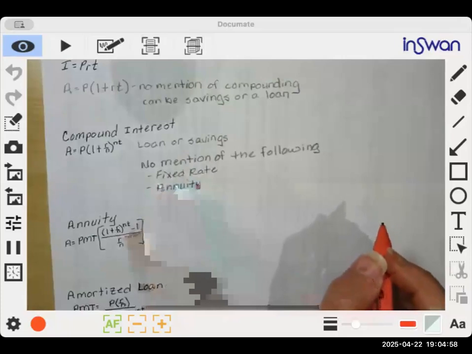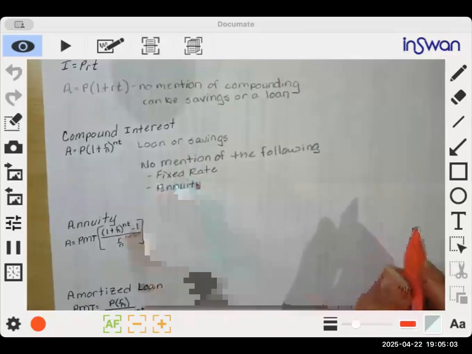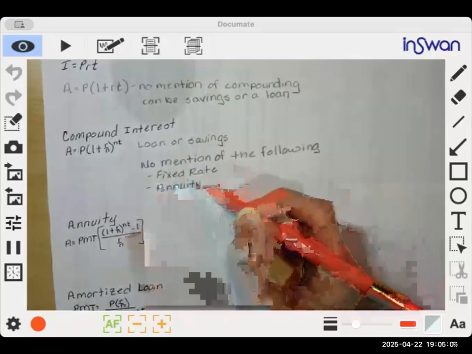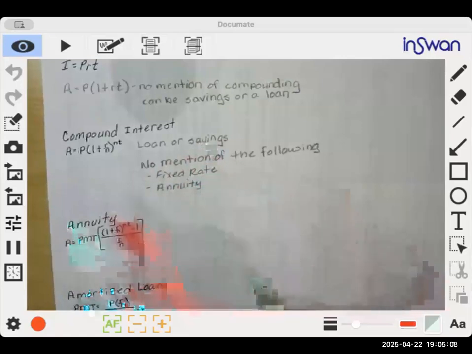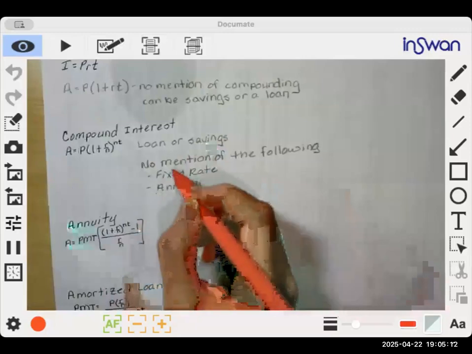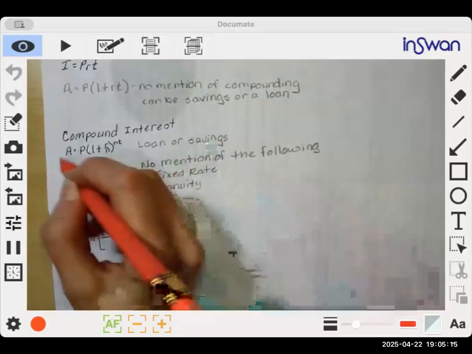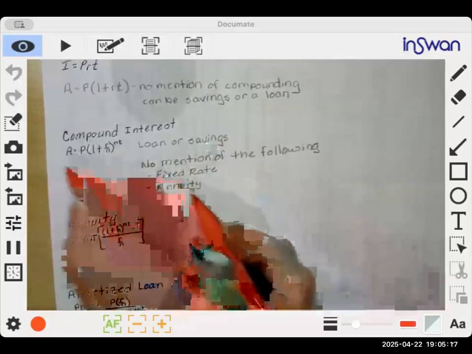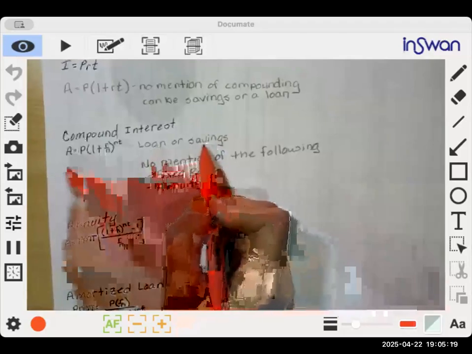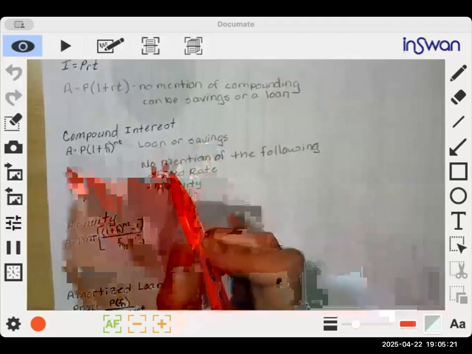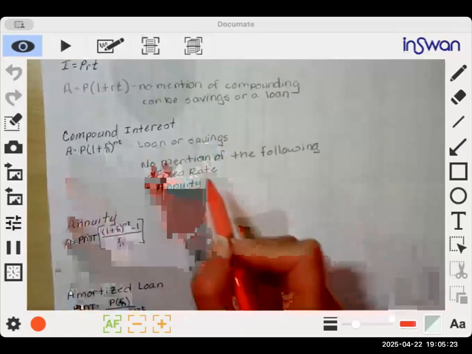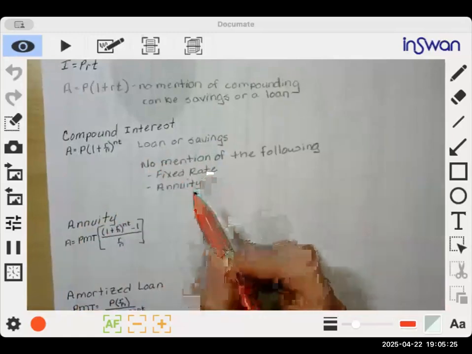So if you see fixed rate or annuity and there's mention of compounding, you don't use this formula. This is only for a loan or a savings where there's compound interest and it doesn't say either one of these two things.